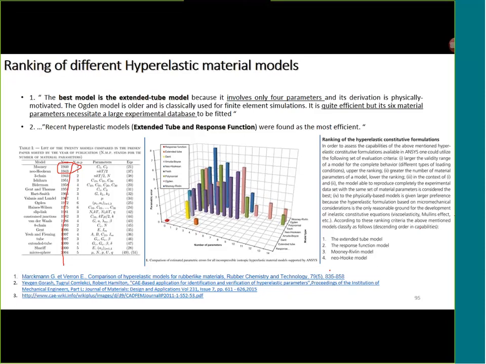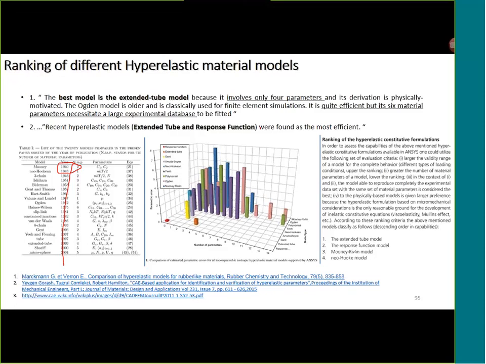So what I'm trying to do here is summarize the outcome of those studies. Again, I want to insist on the point: these are not studies done by Ansys or recommendations made by Ansys. This is the summary of various research papers.